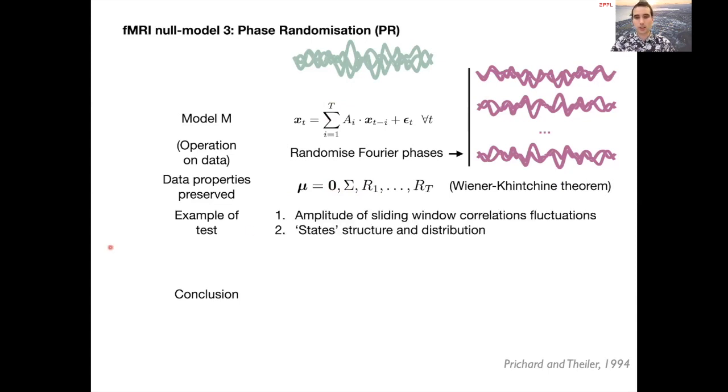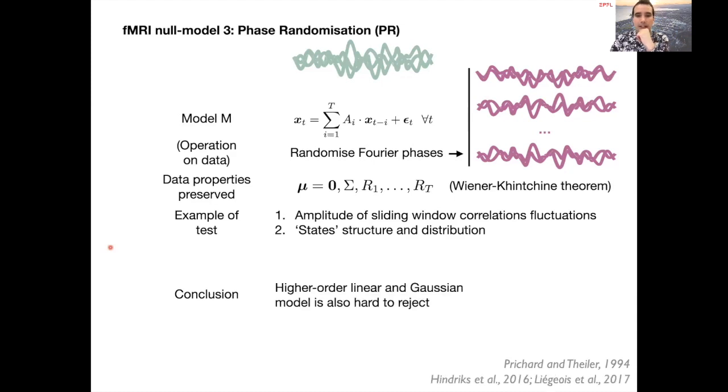Again, we can have the same useful metric M to be compared between original and surrogate. And the conclusion would be that, based on different results, it's actually harder to reject this null model if you compare metrics in original and surrogate data. That was also shown in this paper by Hindriks. And the paper by Prichard and Theiler here presents the details of phase randomization.